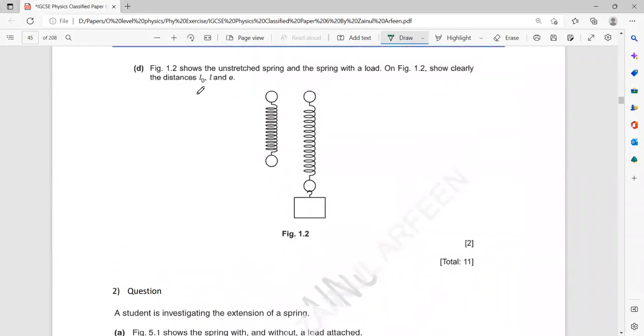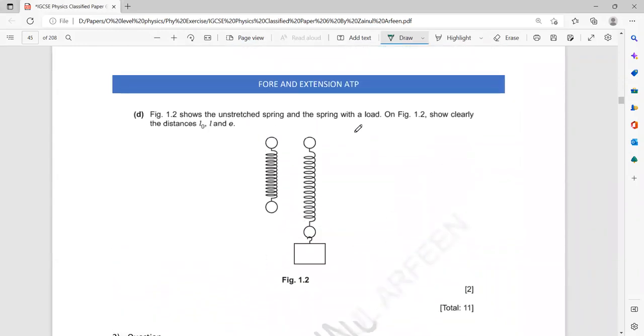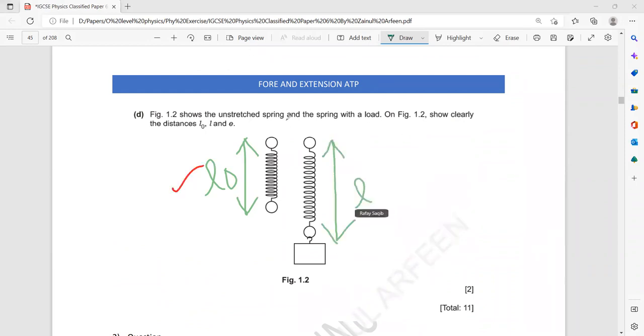The next one: figure 1.2 shows the unstretched spring and the spring with a load. On the figure, show how distances L0, L and E are measured. L0 is the distance of the unstretched spring. We don't have to mention L0 again.